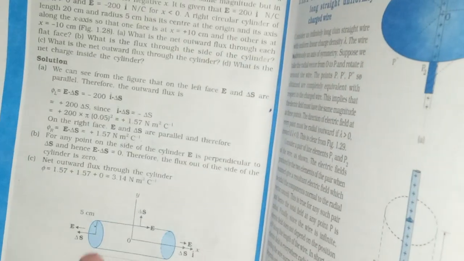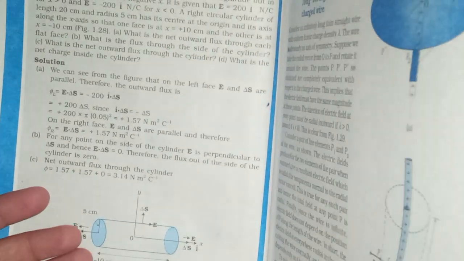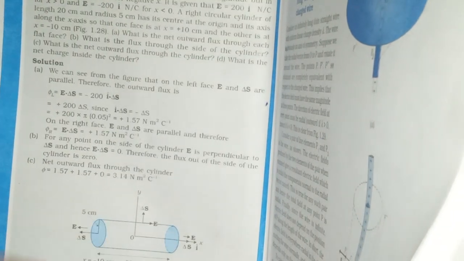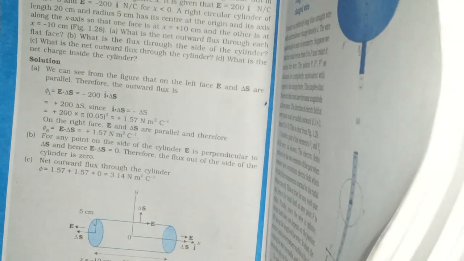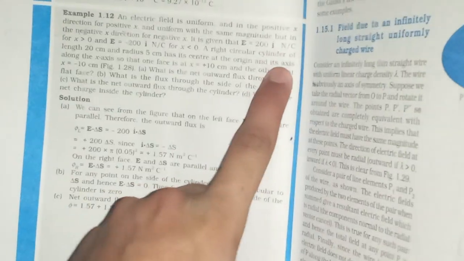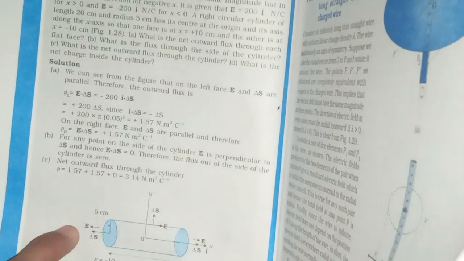This is the cylinder. Sorry, I thought that it was visible to you. Anyway, the cylinder is kept in sleeping position. The axis of the cylinder is along the x-axis. This is the axis.